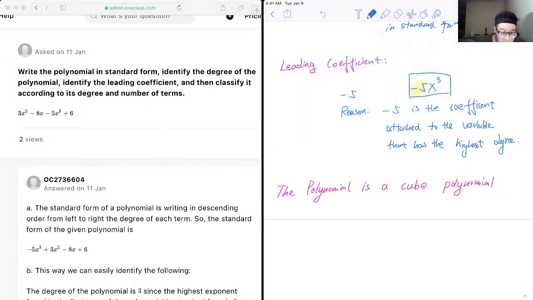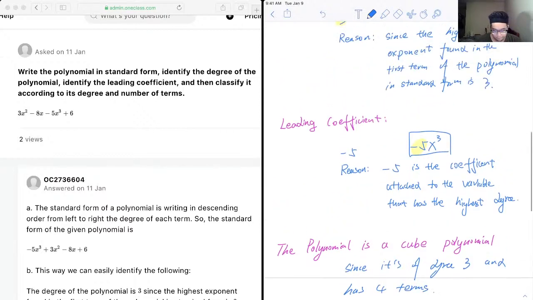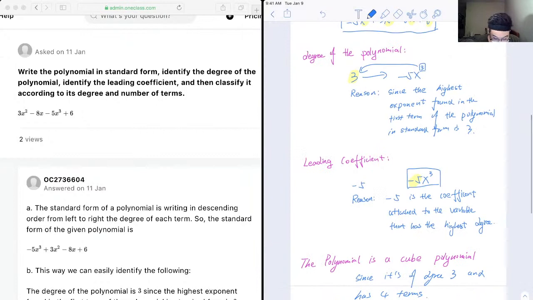The reason is that it is of degree 3 and it has 4 terms. So that's what we have for this question.